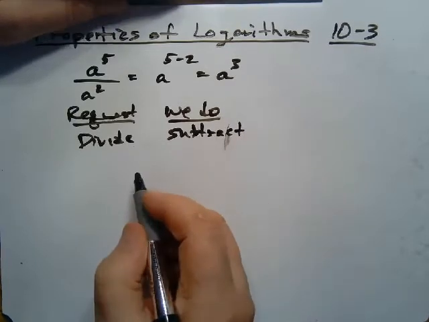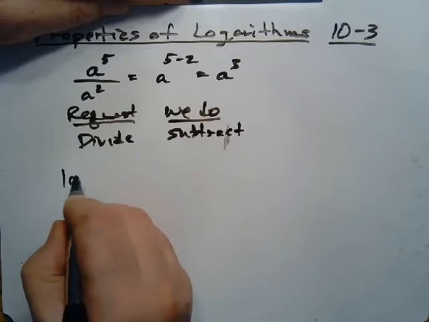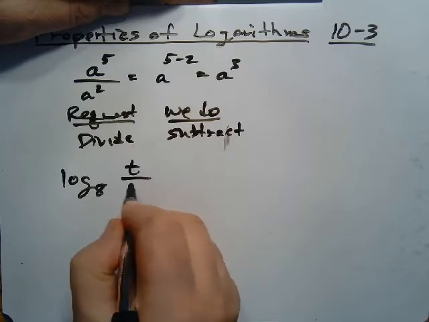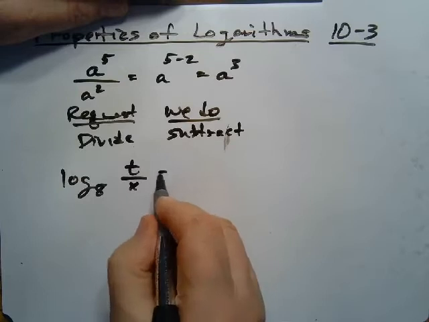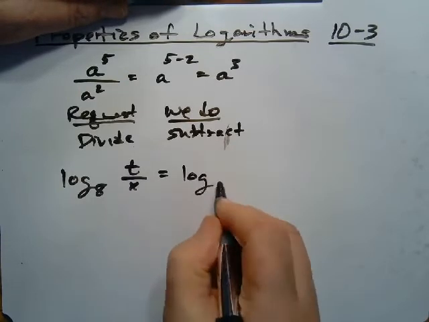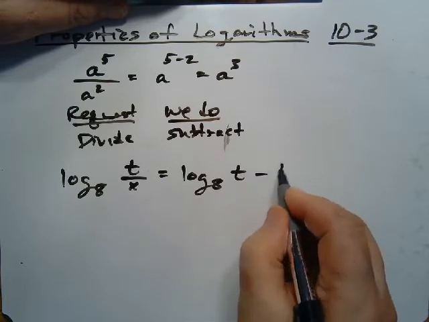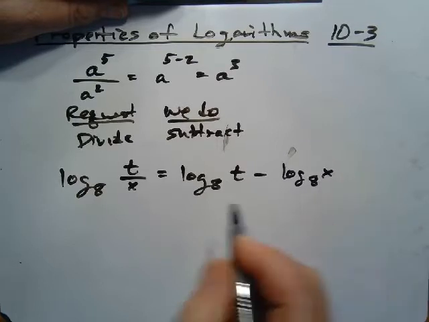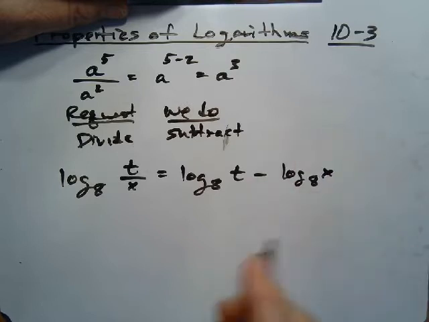Now, how does that look in the log world? Okay, well, let's go over here. Log base 8 of t over x. Now this is division, right? So if the request is to divide, we're going to go log base 8 of t minus the log base 8 of x. Notice this thing in the denominator has a negative sign in front of it.